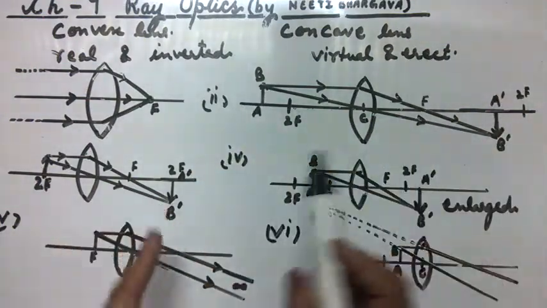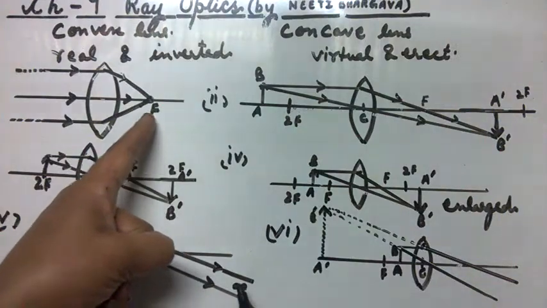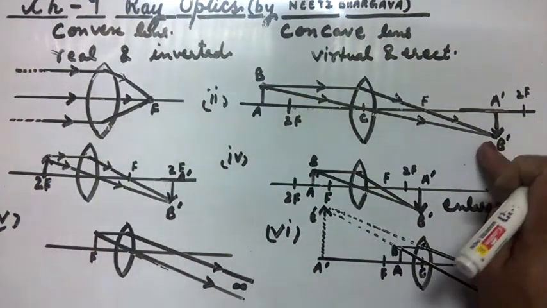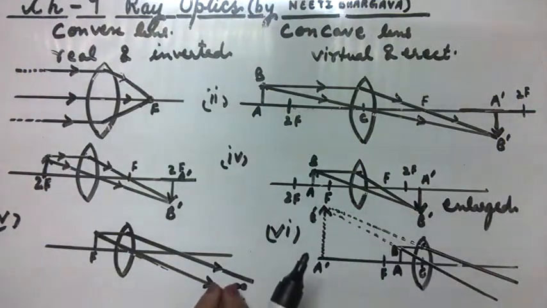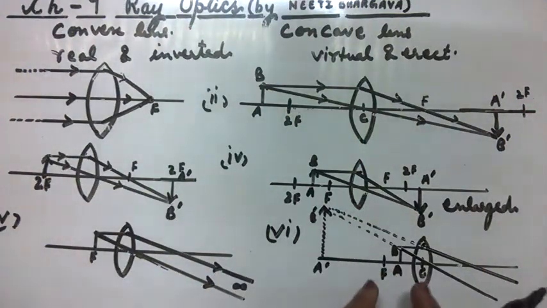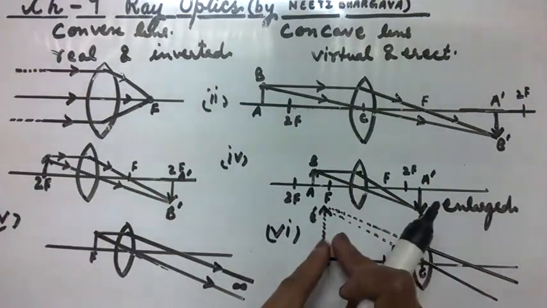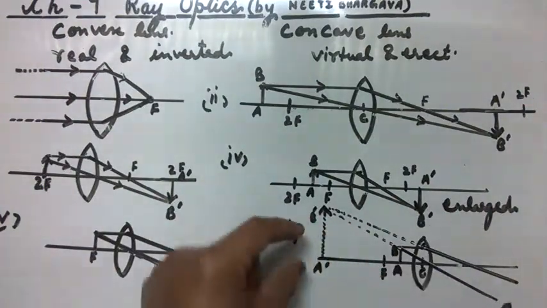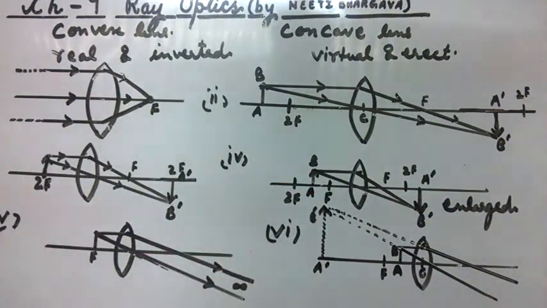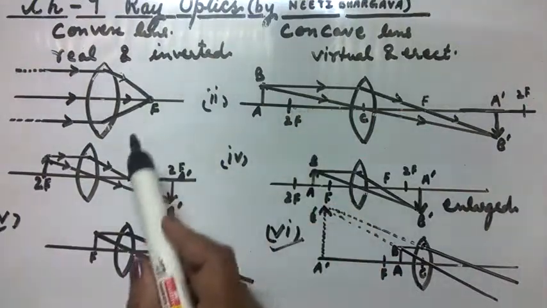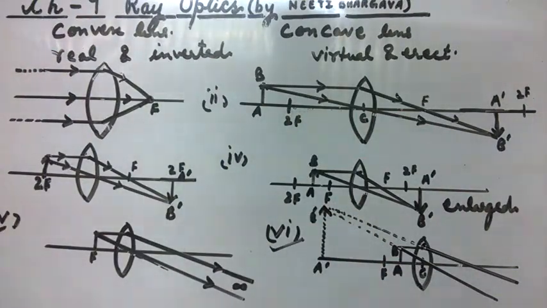So here, as it is highly diminished, a point image is formed, then diminished image, then of the same size, then magnified image, then highly magnified image, and then at the same side of the lens, highly magnified and virtual and erect image is formed. Also here we can note that only in this case the image formed by convex lens is virtual and erect, and in all the other 5 cases it is real and inverted.